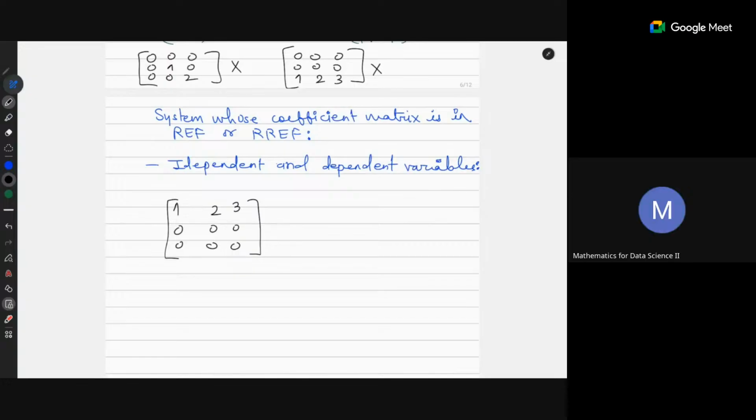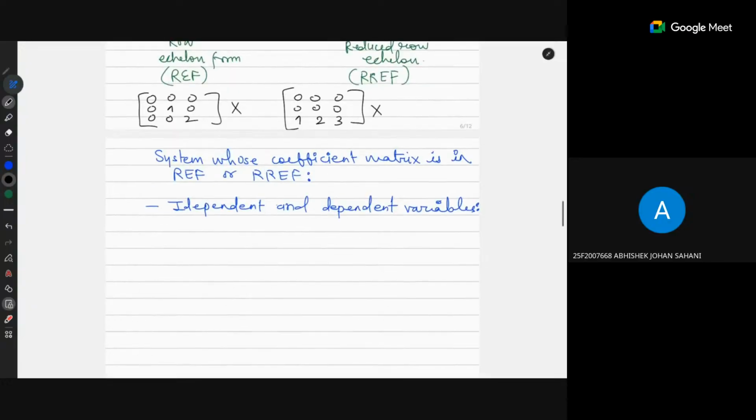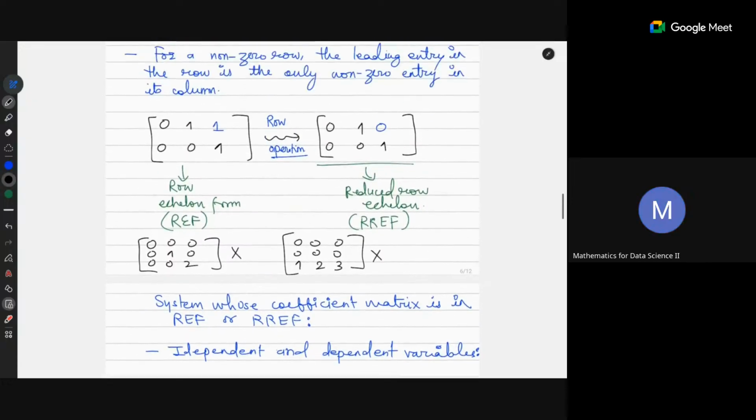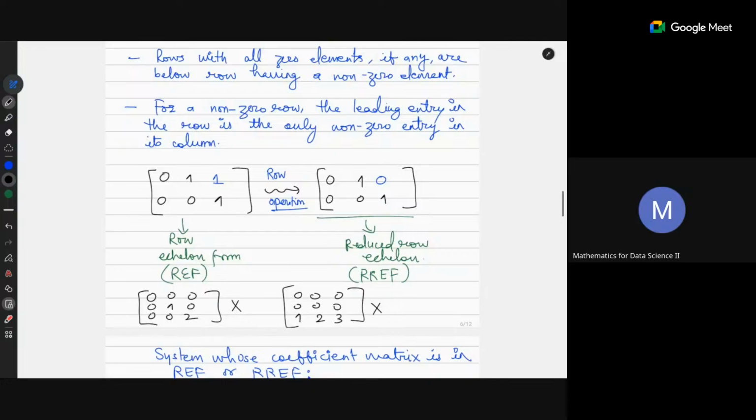Okay, Abhishek, you may ask your question. Sir, is it necessary to reduce all the non-diagonal elements to 0? No, it's not always the case that you will be deleting them.